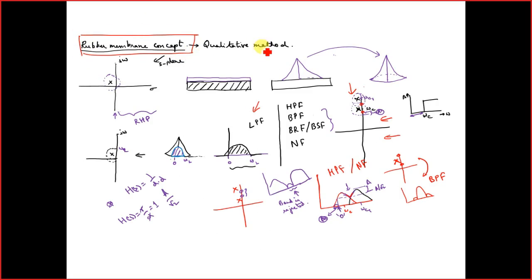From here we discussed that if we are given some positions of the poles and the zeros, how we can qualitatively determine the nature of the filter. Then we discussed how we can develop a low pass filter, high pass filter, band pass filter, band reject filter or band stop filter, and notch filter by the placement of poles and the zeros.